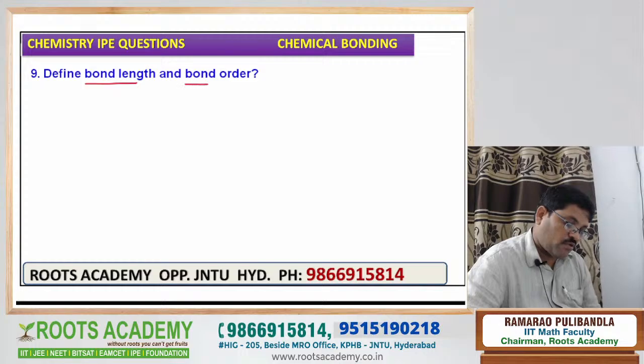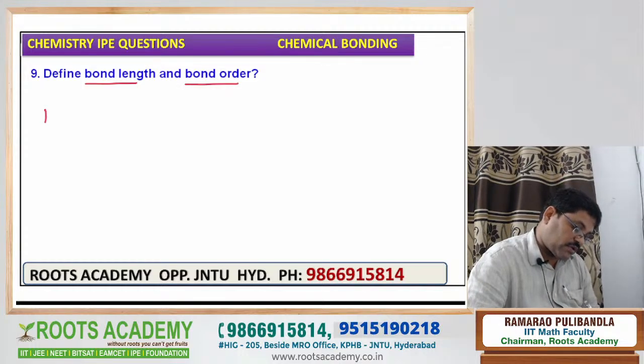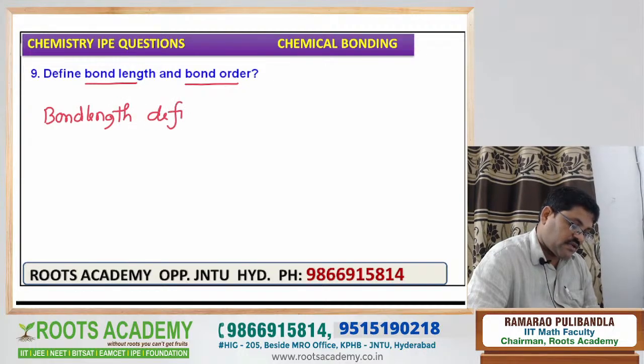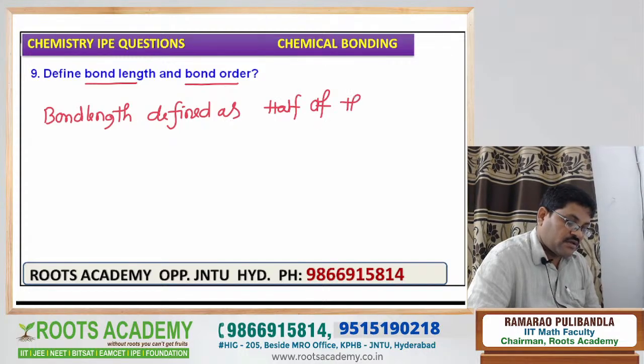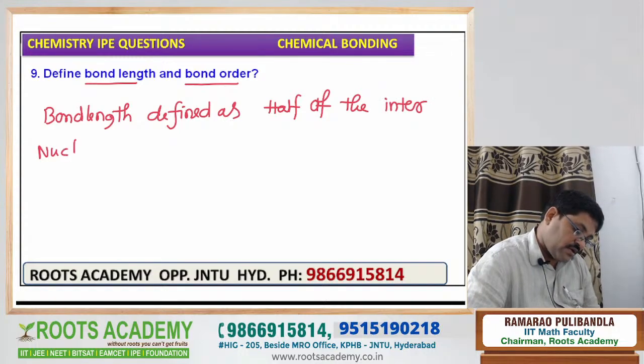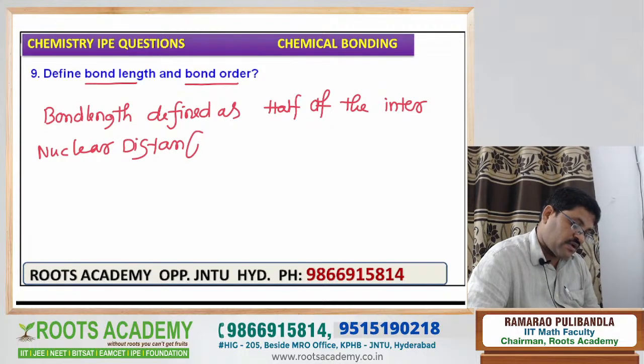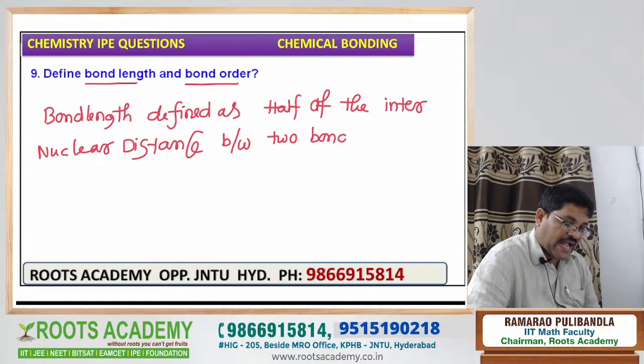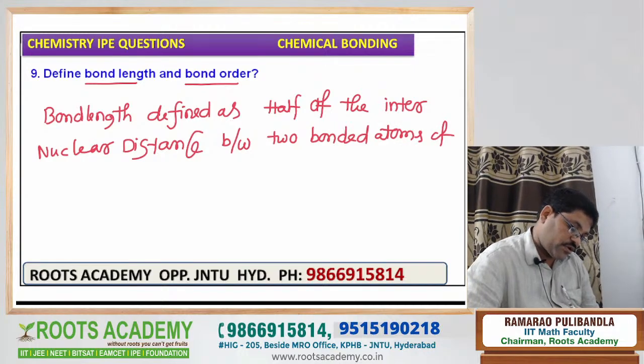Define bond length and bond order. How do you define the bond length? Bond length is defined as half of the internuclear distance between two bonded atoms of a given molecule.